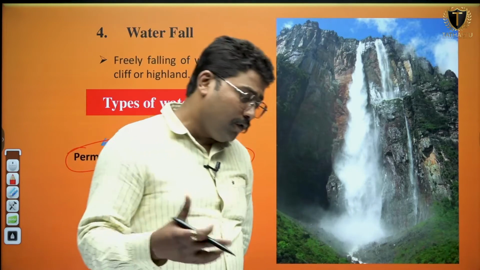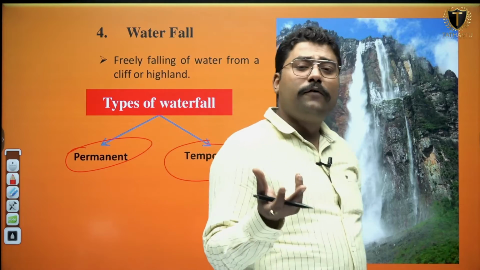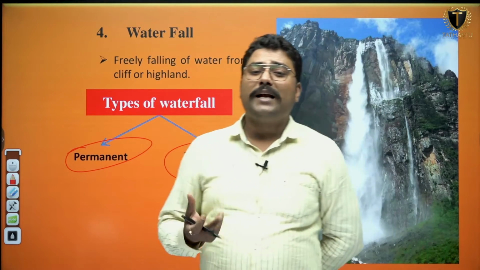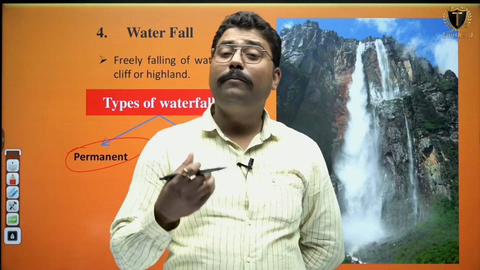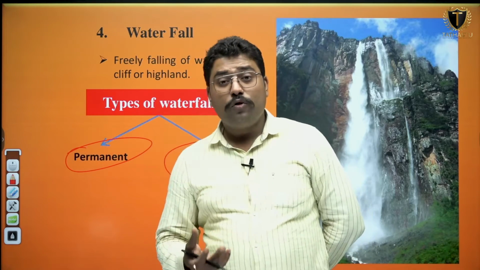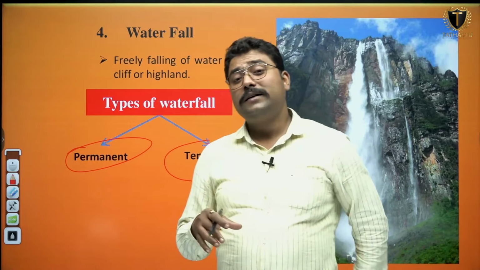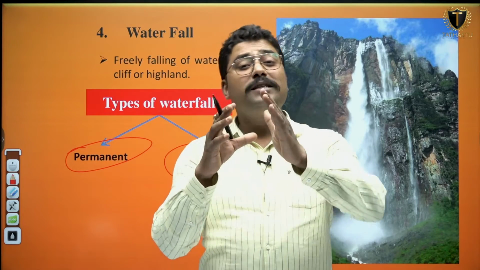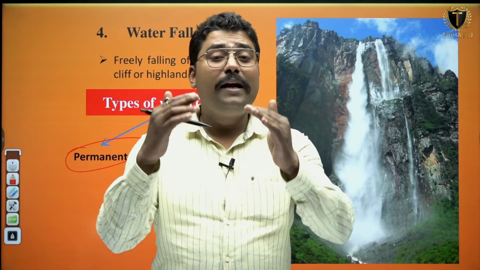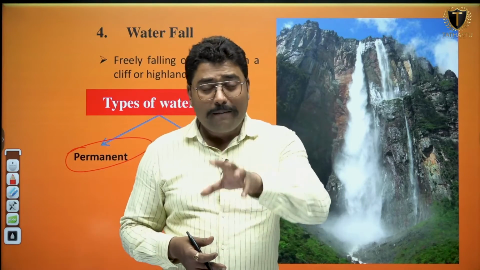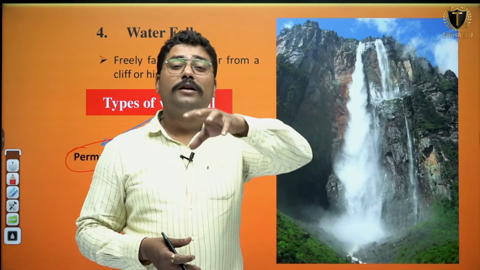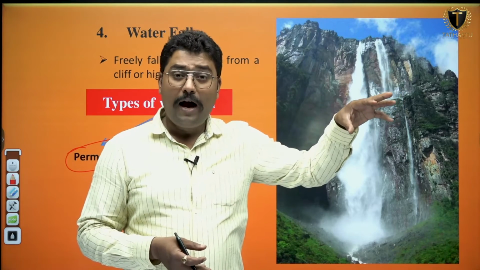Many of you will say that a permanent waterfall means a waterfall which has water throughout the year, and temporary means seasonal. This definition is correct in terms of the availability of water. But technically, permanent and temporary waterfalls are something different. How?